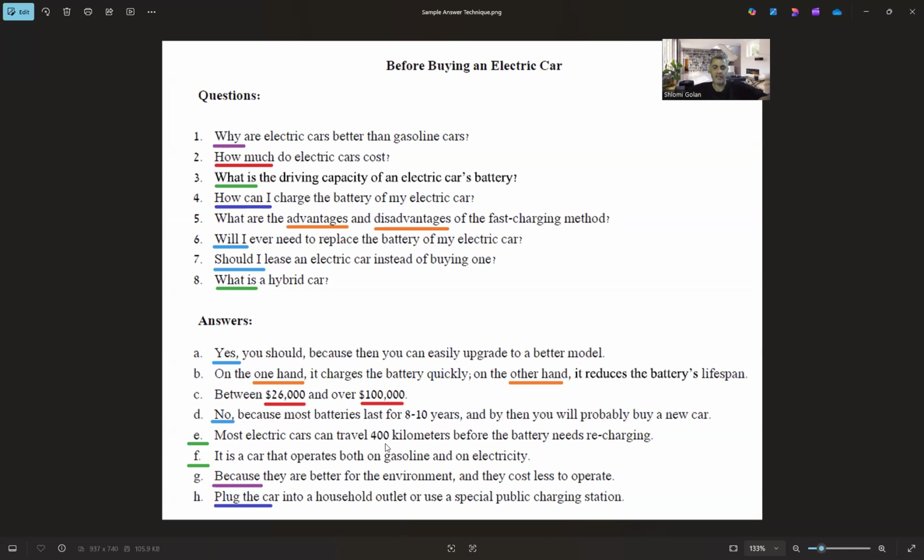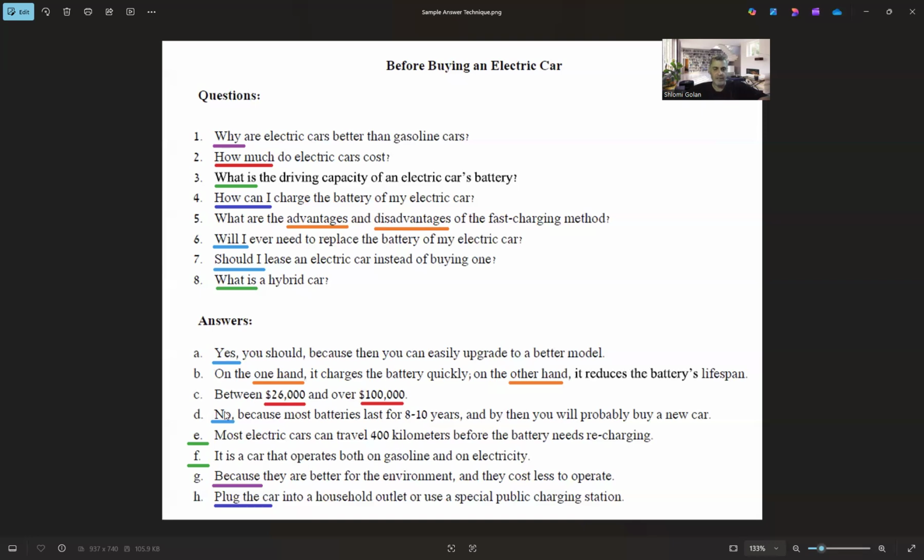Well, most electric cars can travel 400 kilometers, or we have, it is a car that operates, well, obviously this is not the right answer for 3, but what is a hybrid car? Well, it's a car that operates both on gasoline and electricity. And what is the driving capacity? The answer is E, because we have the driving capacity. Okay?